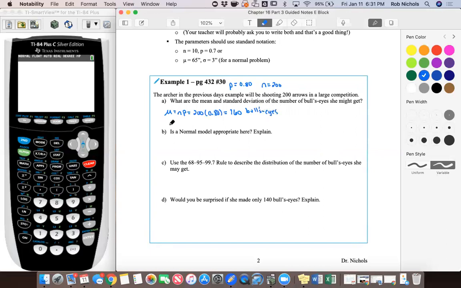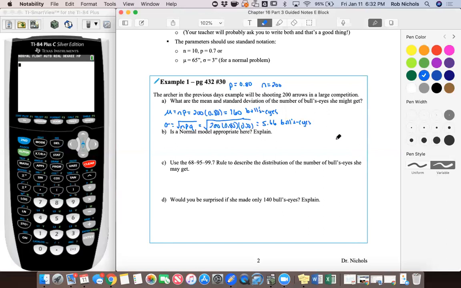And then our standard deviation, sigma, equals the square root of npq. So that's going to equal the square root of 200 times 0.80 times 0.20. And that is going to equal 5.66. And again, the unit there is going to be bullseyes.